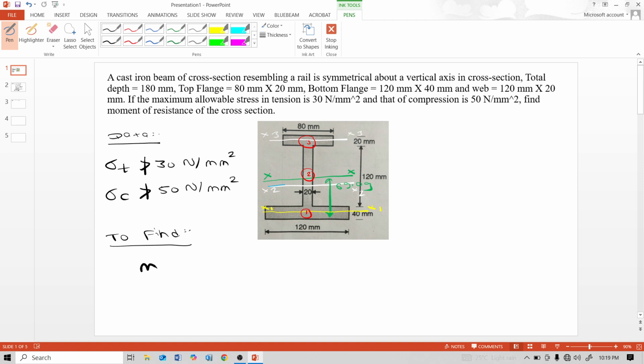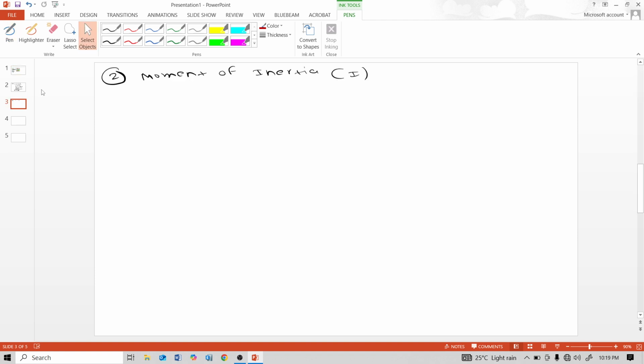So first focus on the bottom flange neutral axis and the moment of inertia for this bottom flange. I is equal to I x1 x1 plus I x2 x2 plus I x3 x3.